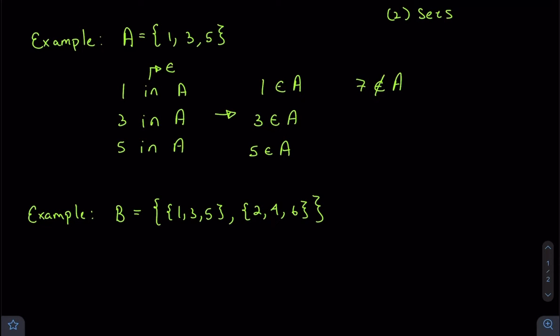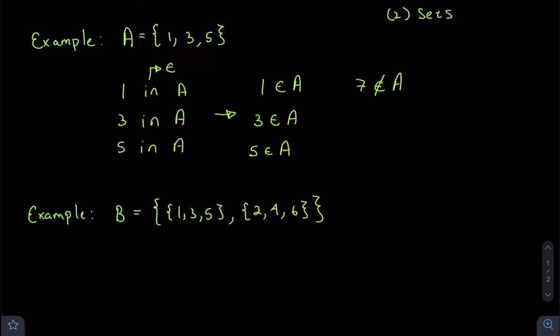So set B is a set that contains 2 objects, and those objects are sets. So here's our first object. This object is a set that contains 3 objects. And this is the second object in set B that also contains 3 objects.